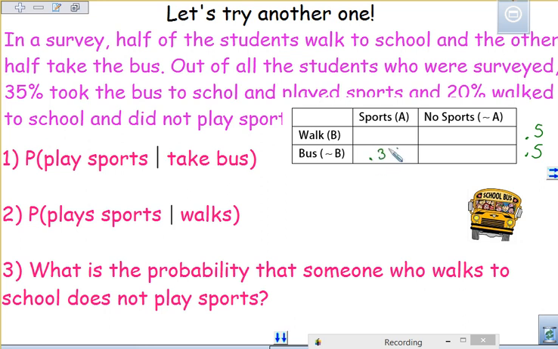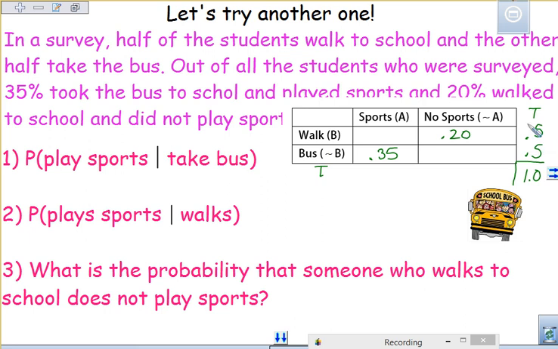So this is 35%. 20% walked and did not play sports. So these green numbers were the givens. So again, I'm going to add a total column. And then this should be 1.0 or 100%. So I should be able to fill in my table.